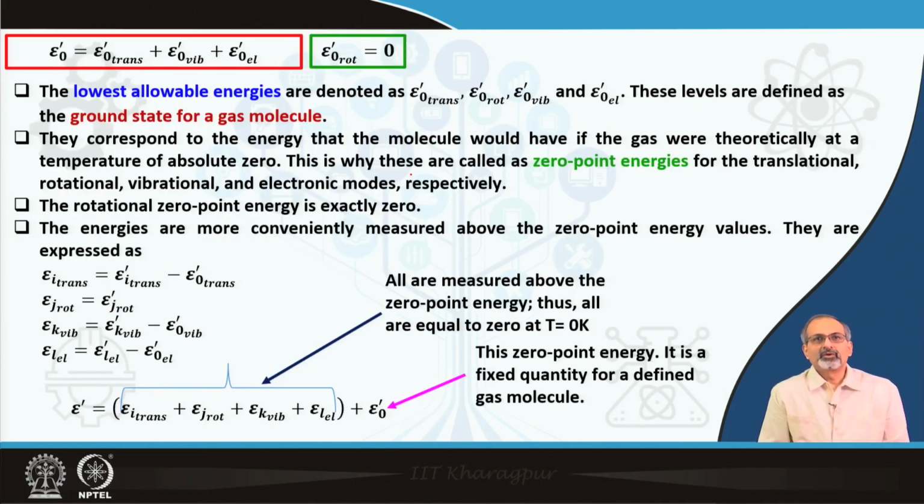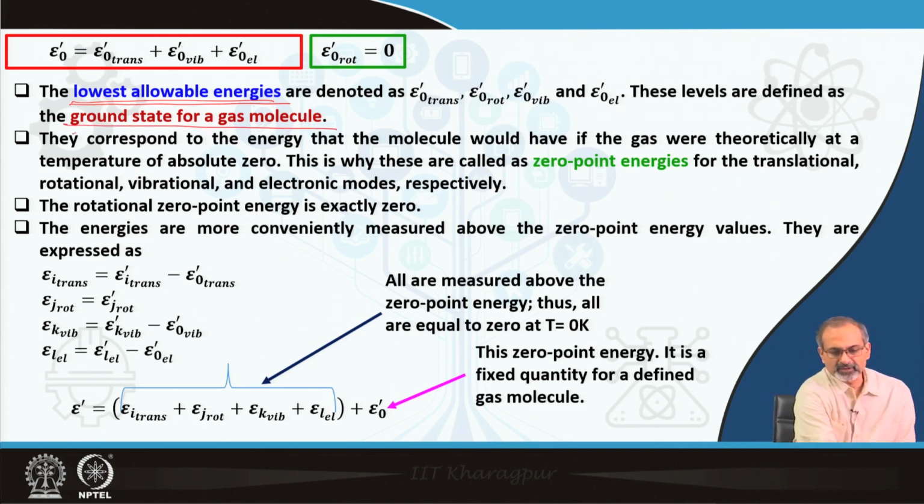Now, we talked about the lowest allowable energies, which we marked as the epsilon zeros, and these levels are defined as the ground state for a gas molecule. So, ground energy state, that is what we need to remember. They correspond to the energy that the molecule would have if the gas were theoretically at a temperature of absolute 0.